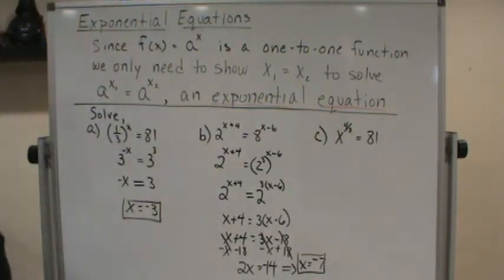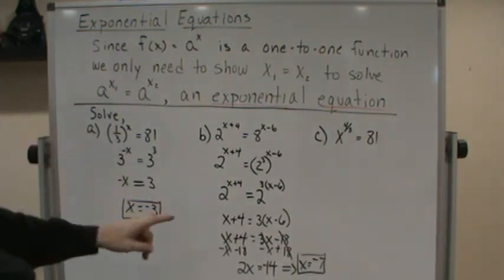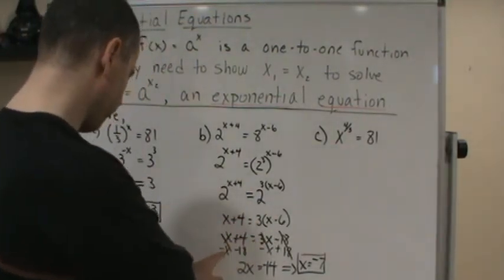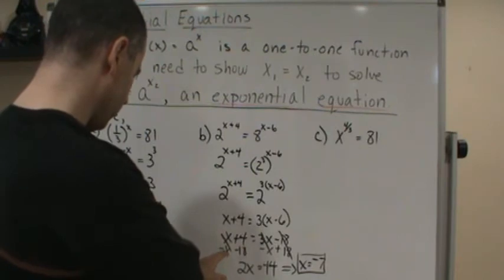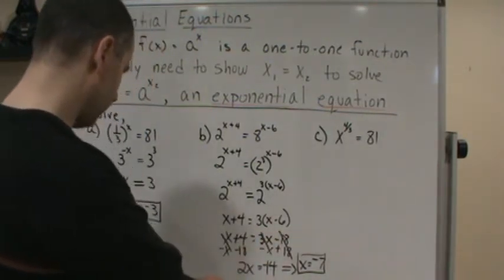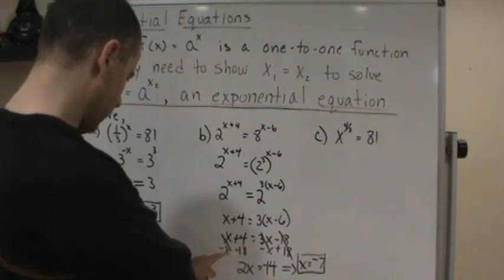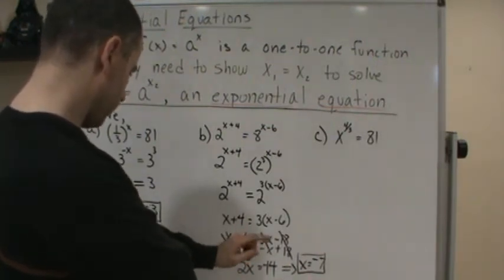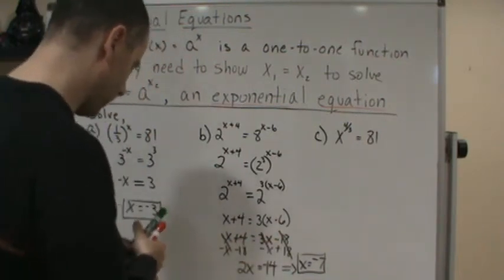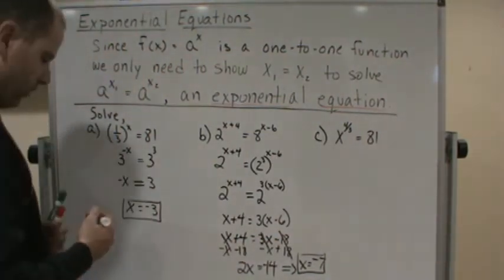Why am I not? Let's see, 3. Maybe I'm just overthinking this. So 3x minus 18. So x plus 4 equals 3x minus 18. That's right. And then I subtract x from both sides. That gives me 2x. Oh, that's where I made my mistake. I knew something wasn't right.